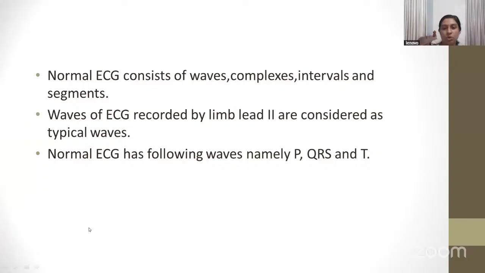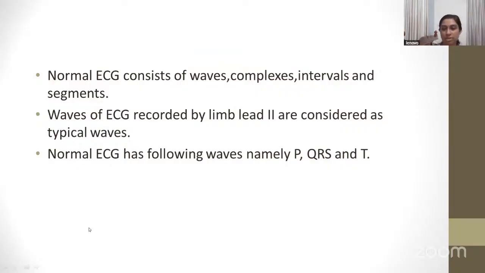So the normal ECG consists of different waves, complexes, intervals, and segments. Usually we have limb 1, limb 2, limb 3. There are 3 limbs. Usually the waves of ECG recorded by the lead 2 limb are considered as the typical waves. The normal ECG has the following waves: P wave, QRS complex, and T wave.